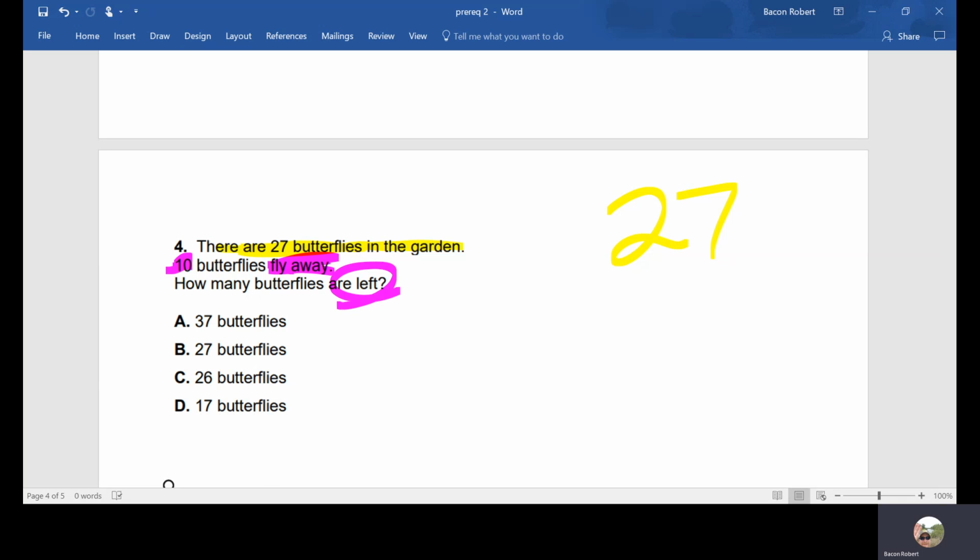How many are left? That means this is a subtraction problem. How many fly away? How many are gone? And how many are left from the original 27? So we're going to take 10 away from 27.